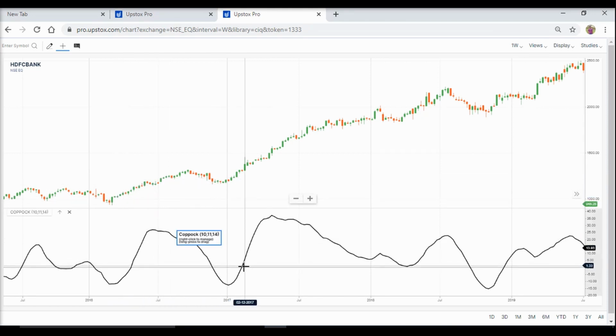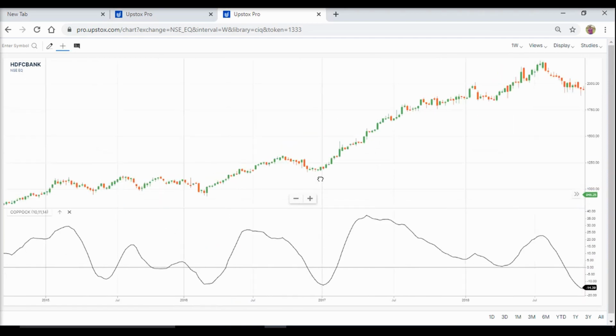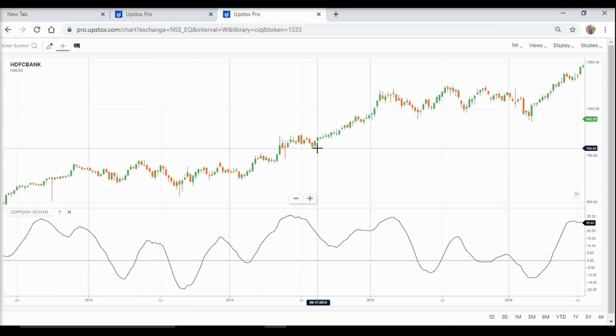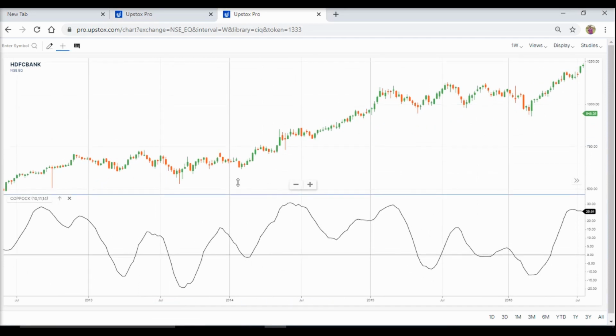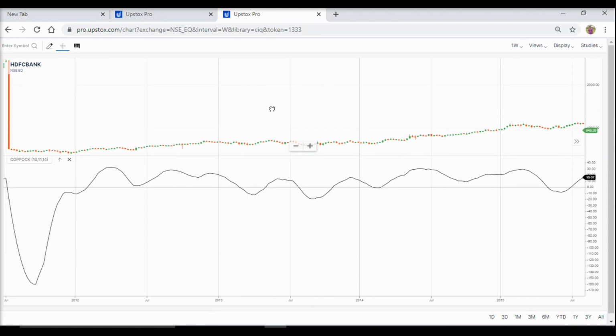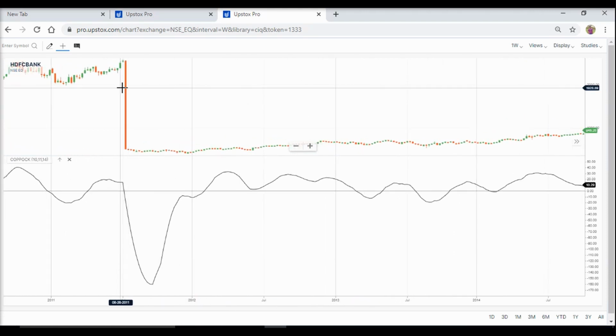And here I already discussed this point. You can go back somewhere. Consider, you will be entering the position here, and you will be exiting the position here. You will be taking this profit. And also, see, it is actually reflecting the pricing in the Coppock.